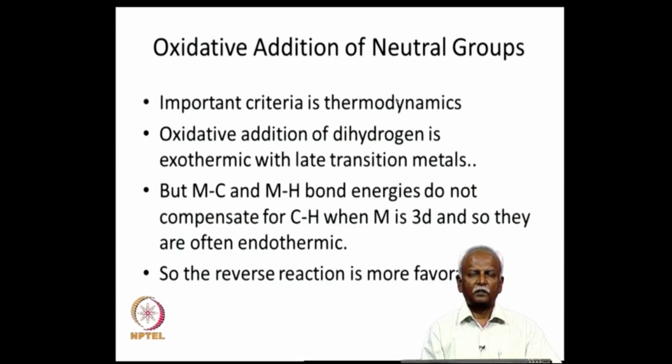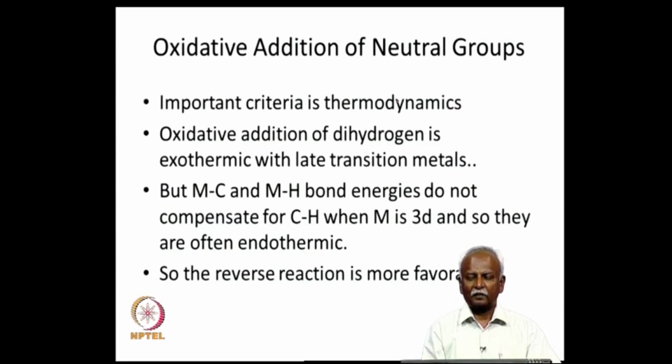During the course of this reaction, the oxidation state of the metal changes by +2 units. The important criterion whether this reaction will work or not, or will proceed from right to left or not, is dependent on the fact that you have strong 4d and 5d metal-hydrogen bonds and strong metal-carbon bonds.